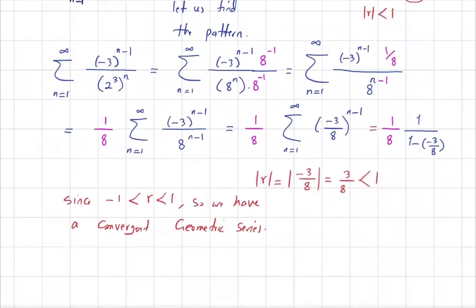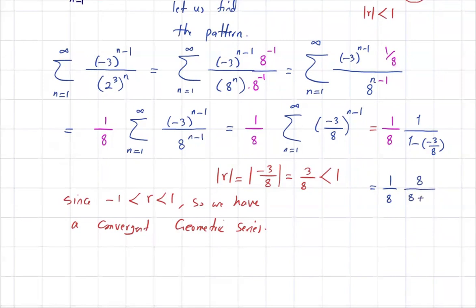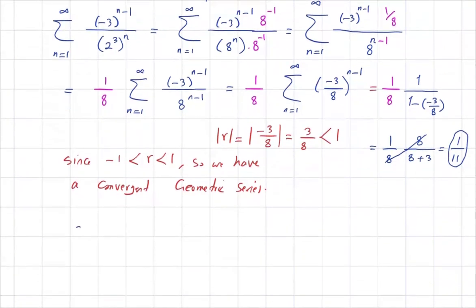This is equal to 1 over 8 times 8 divided by 8 plus 3, or 1 over 11. So your series is convergent to 1 over 11.